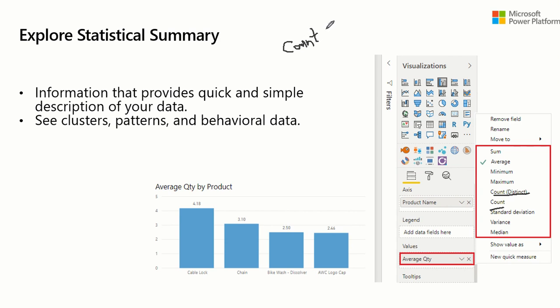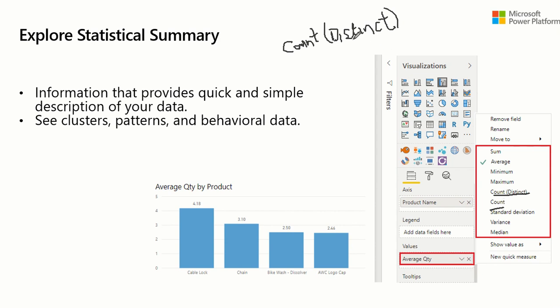Okay, so for example, if you want to count how many people visited your website, if you probably have a web shop and you want to use the Power BI desktop to analyze how many people visited the website, you can actually use count distinct.